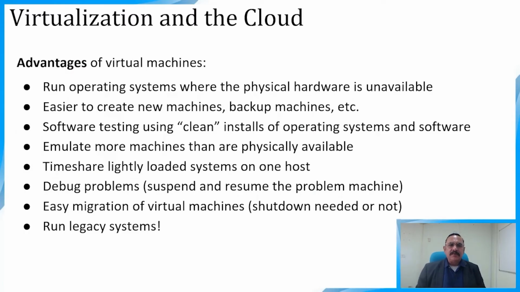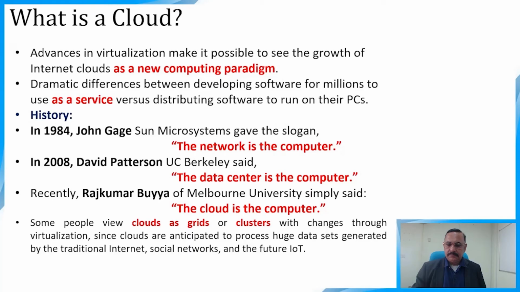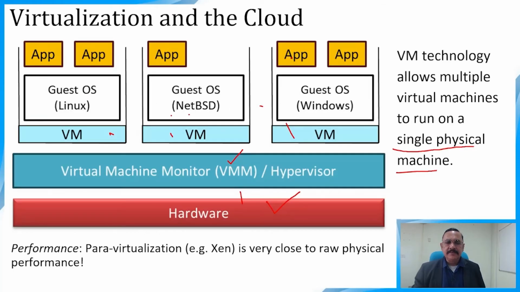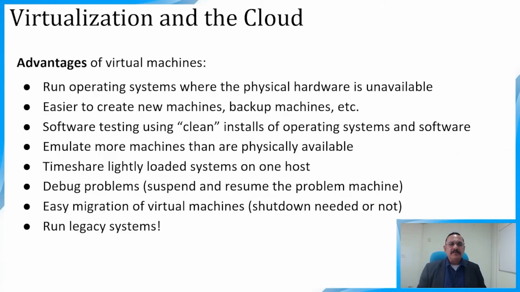Now, let us see what the advantages of virtual machines are. If you see in the previous figure, virtual machines have their own guest operating system, and this guest operating system runs multiple applications. An advantage of a virtual machine is that it will run an operating system where physical hardware is unavailable. Only the virtual form of hardware is presented, so many virtual machines can run their own operating system without any physical hardware.